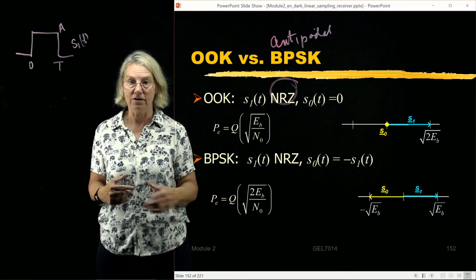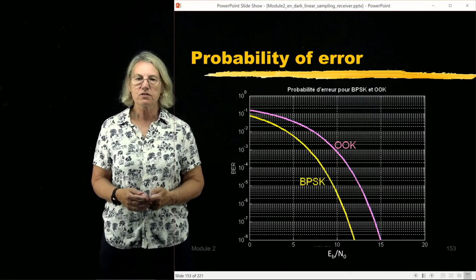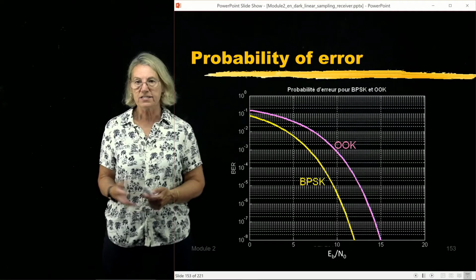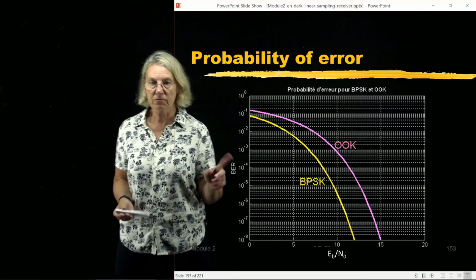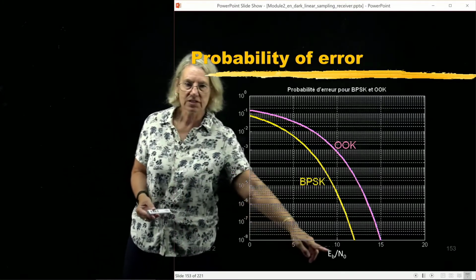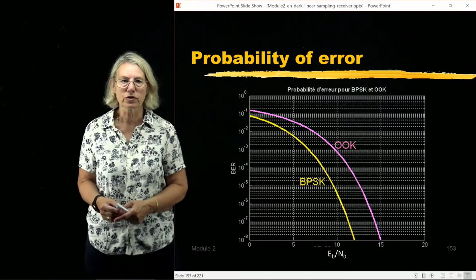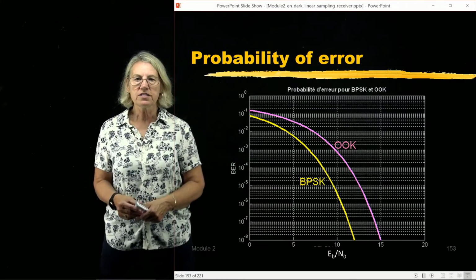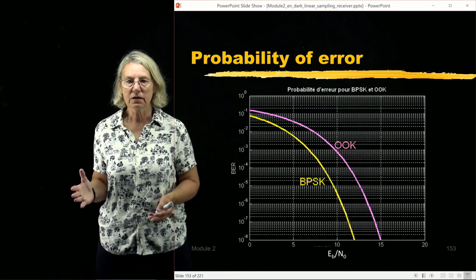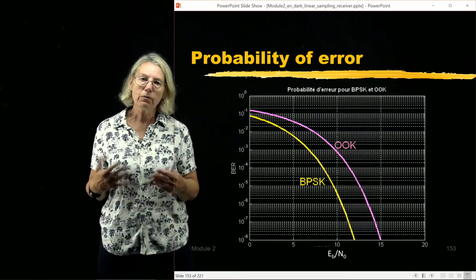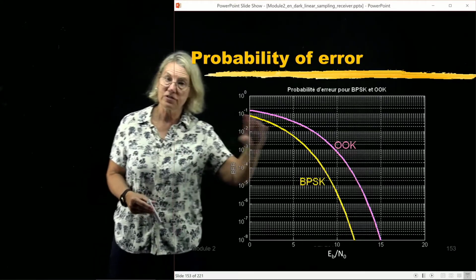It's 3 dB better. So now we're going to plot the results for the probability of error. In the case of binary signaling, it's bit error rate versus EB over N0, our signal to noise ratio. This is essentially the Q function being plotted, and we get what we call the classic waterfall curves.